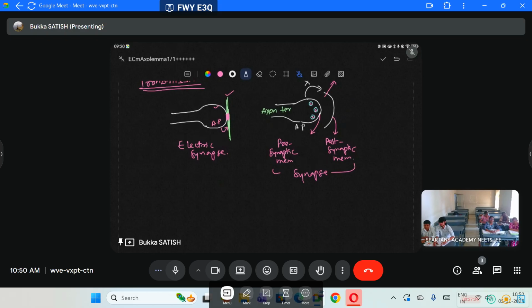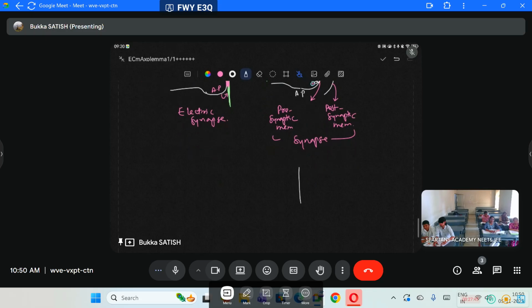So basically, when the action potential reaches this point, it will stimulate these synaptic vesicles to go and fuse with this membrane. It's like exocytosis basically. This is the presynaptic membrane, and the vesicle is this. What vesicle is this? Synaptic vesicle.